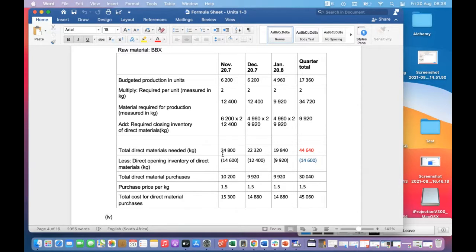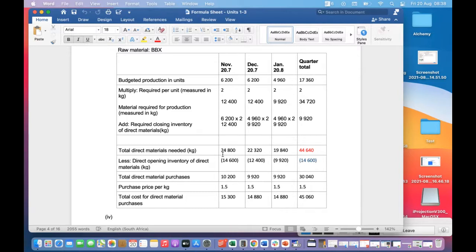That's what we're doing. So here you can see budget production in units, 6,200 is the same one we had there. Then we're saying need 2 kgs per unit. So the 2 kgs times the 6,200, that's how we're getting to the 12,400. Then we're saying materials required for production.